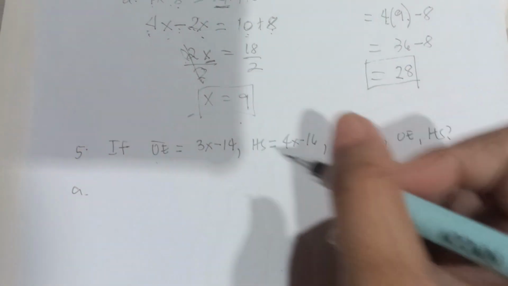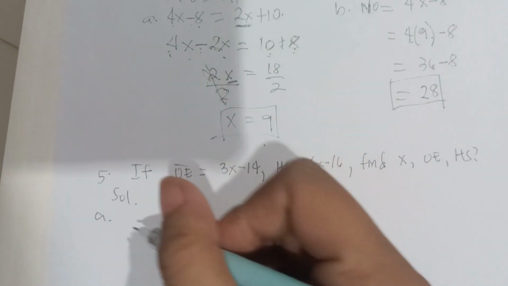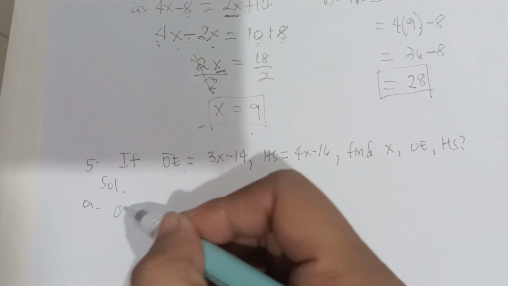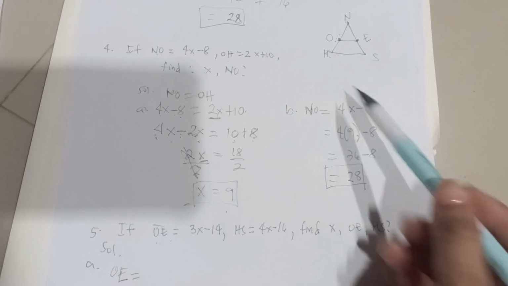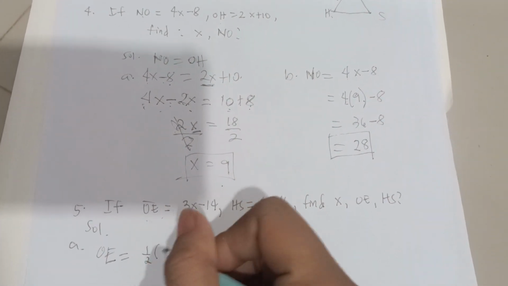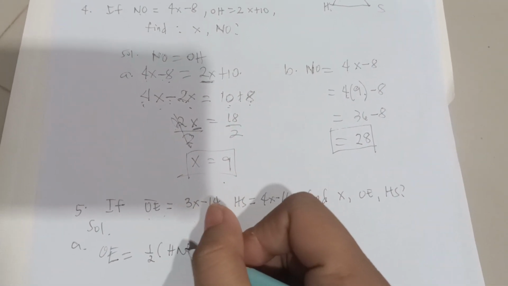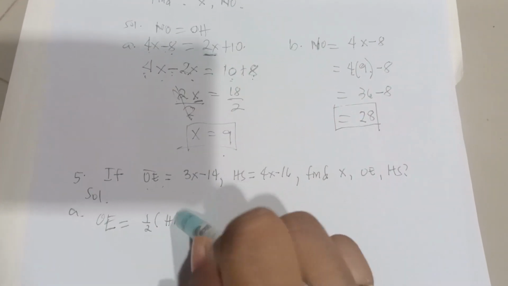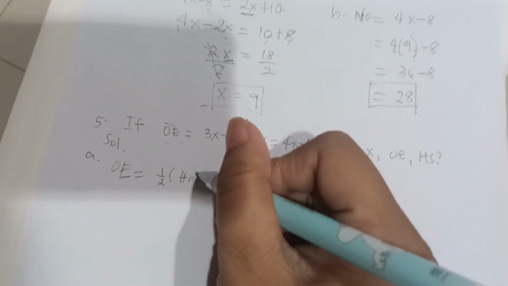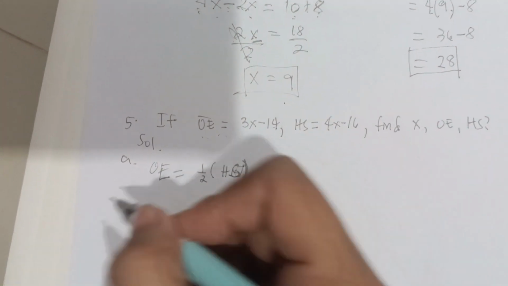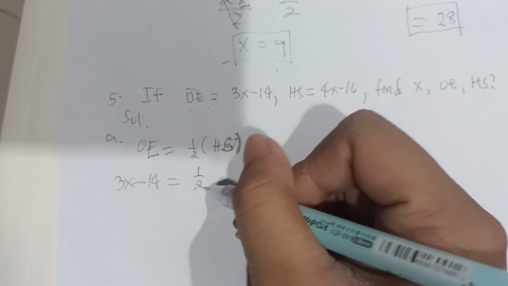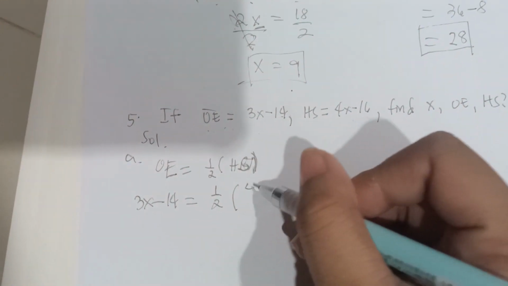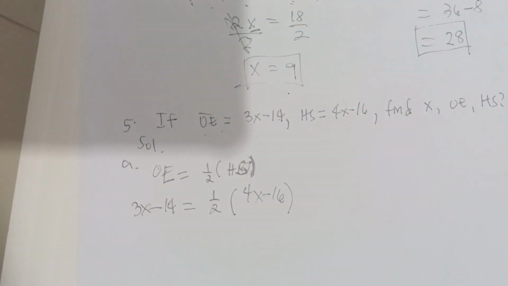So for letter A, our solution would be just OE is equal to 1/2 of HS. So let us substitute the given. OE here is 3x minus 14. Copy 1/2. HS is 4x minus 16.